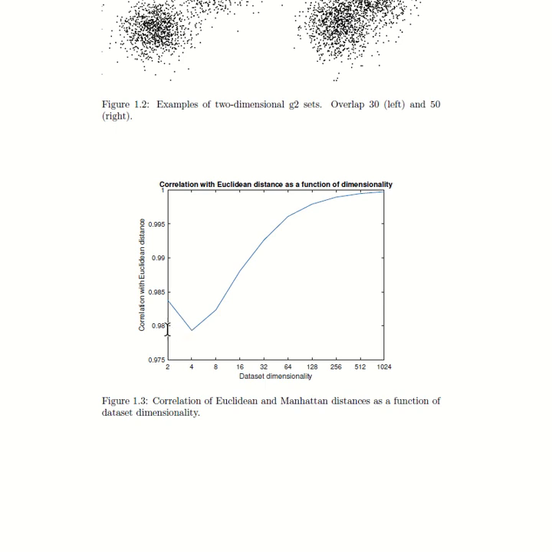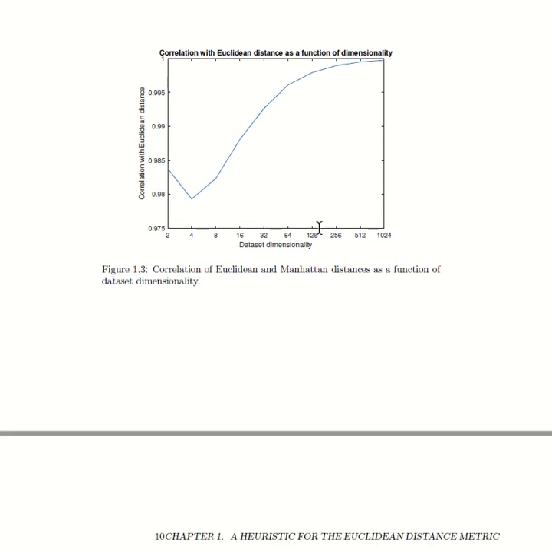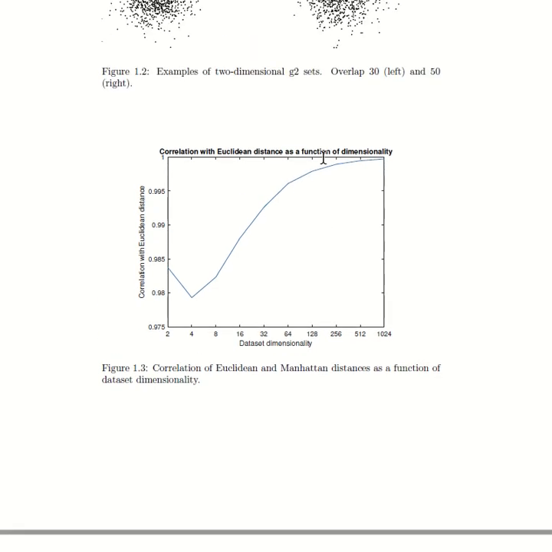And the lowest point is here with dimensionality 4, and it's something like 0.97, 0.98 maybe. So we can see that this correlation is very high. It's near 1. And the overlap is constant here.